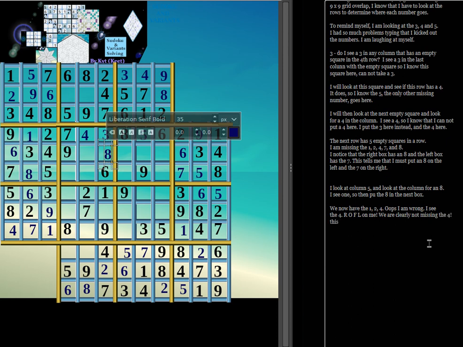This is why I double check myself, folks. We are missing the 5 though. So I look at each column for a 5.